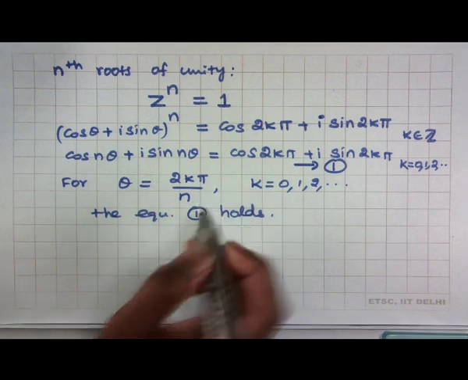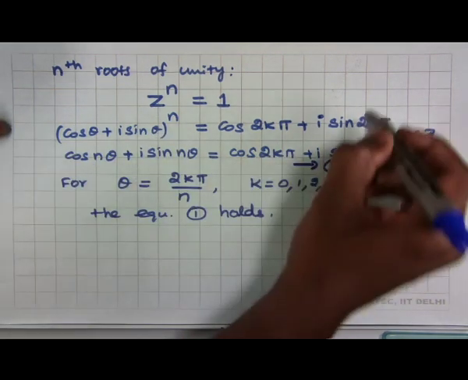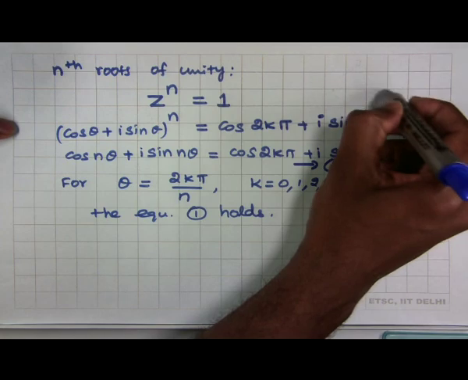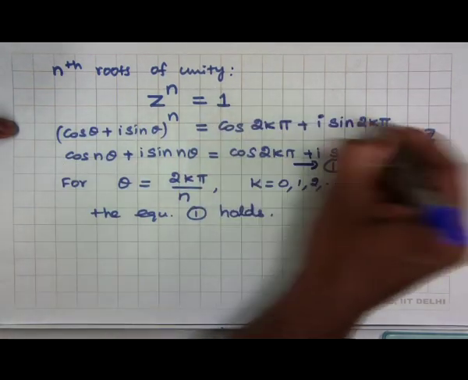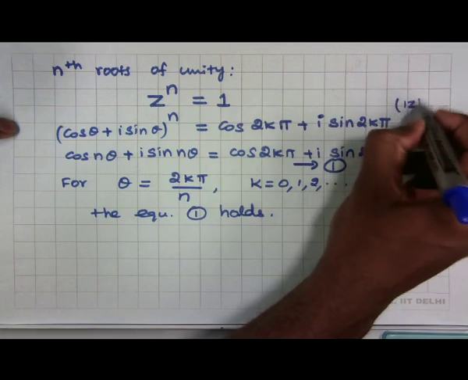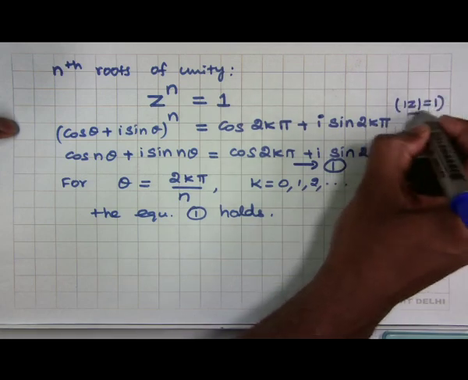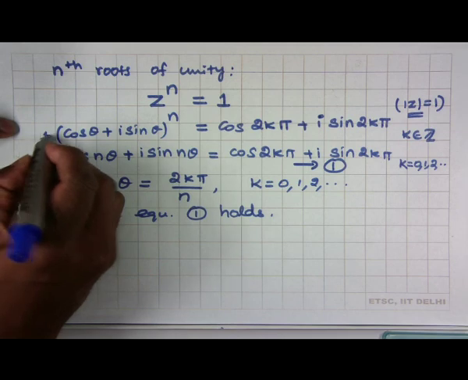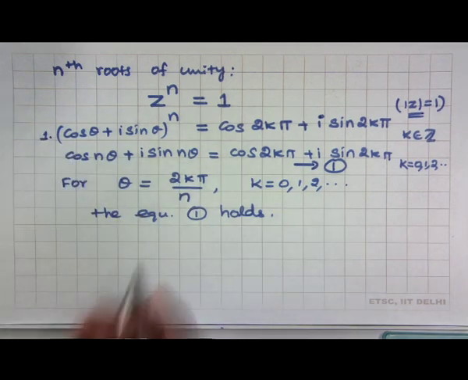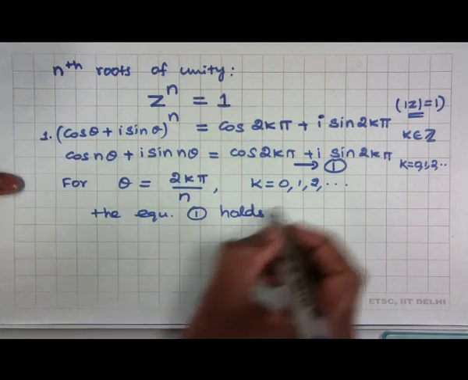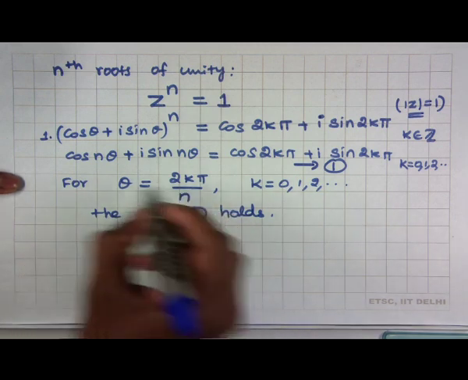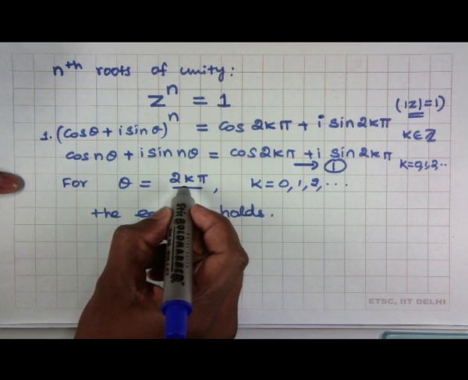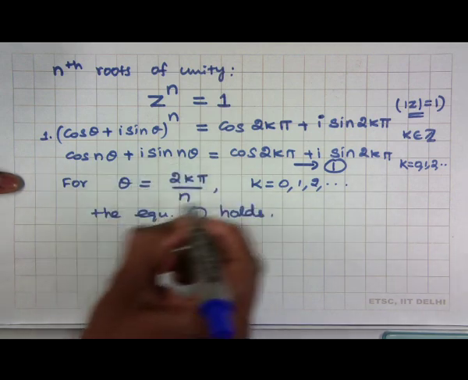Here I would like to mention that I use the observation that mod z must be 1. In this equation we used mod z equal to 1, which is why we did not write this fact. Now our interest is to find the distinct theta values from this particular argument.